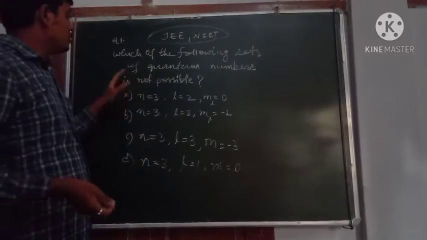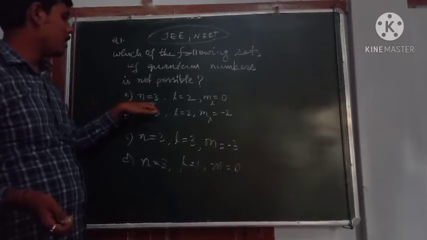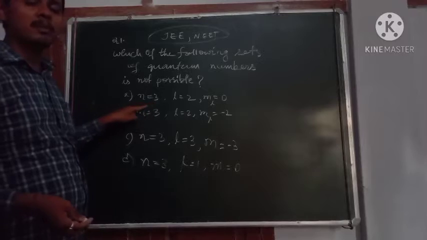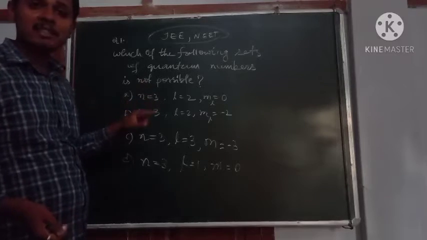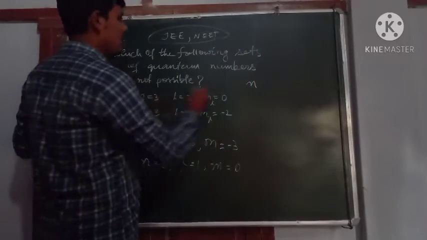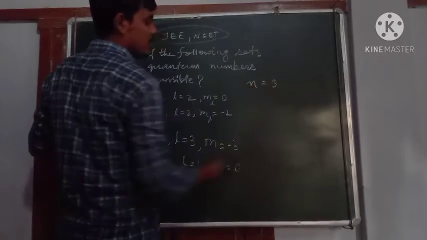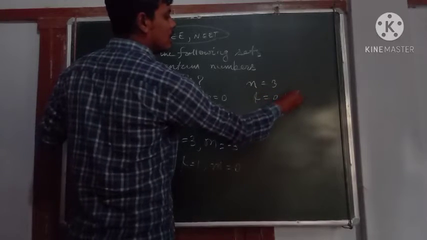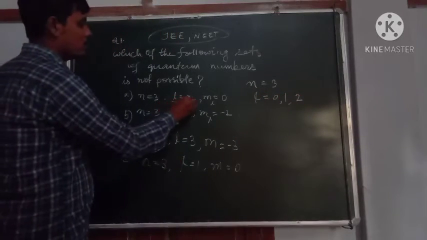First, you see n equals 3, l equals 2, ml equals 0. We will start from the value of n. If n is 3, what can l be? l can be 0, 1, 2. The given value of l is 2, so it is there.